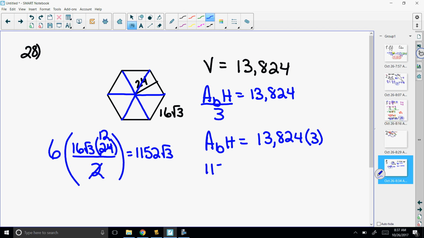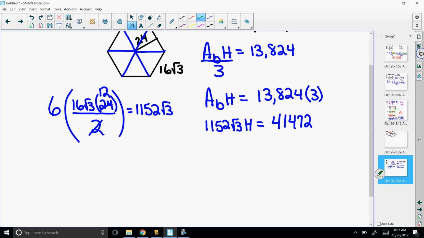So I get 1,152 radical 3 times the height is equal to 13,824 times 3, which gives you 41,472. Now to solve, you're going to divide by that area of the base. I should have left it the other way. That's okay. When you divide, you're going to rationalize the denominator.